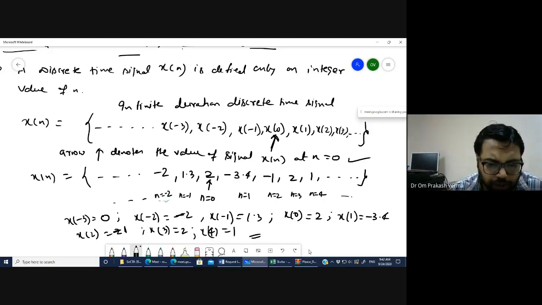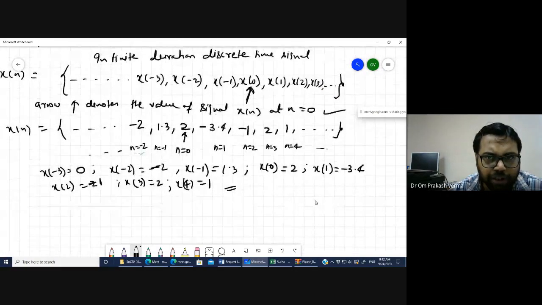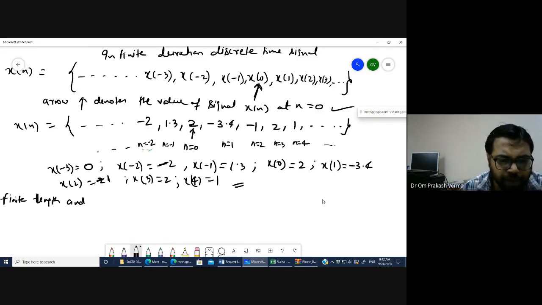Now come to the next point. So this is the infinite time duration discrete time signal. Now, what is the finite one? It means a finite length duration signal. Such a signal is limited between, let's say, n1 and n2.